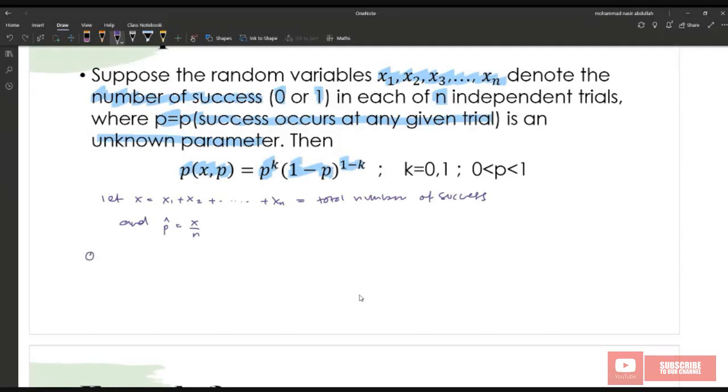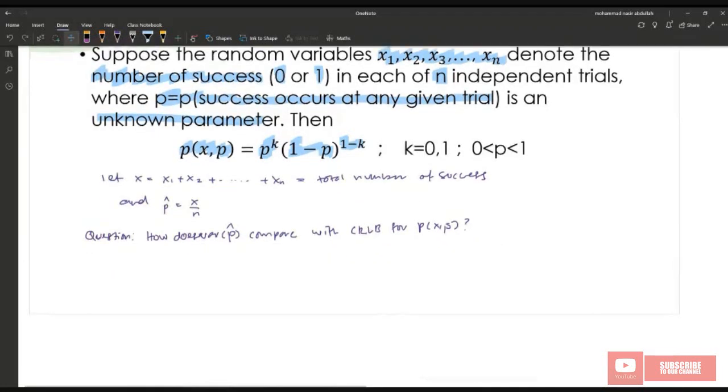And the question is, how does the variance of p hat compare with the Cramer-Rao lower bound for p? Right? So here we want to know whether p hat, X divided by n, is the minimum variance unbiased estimator.